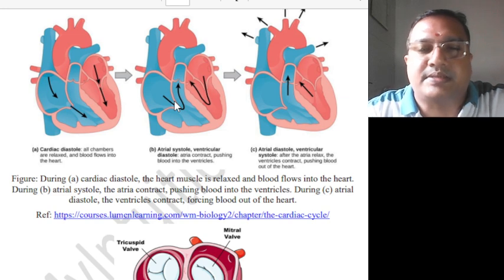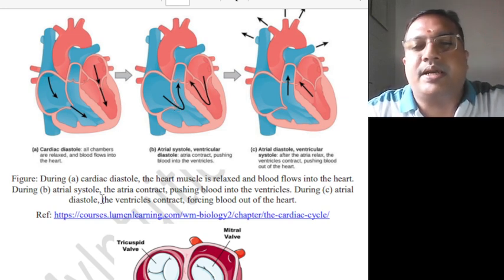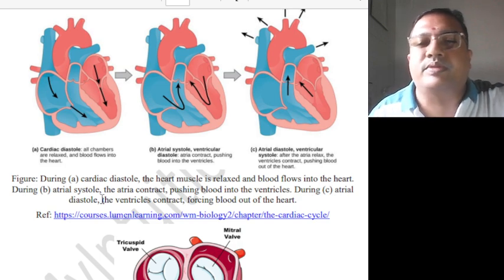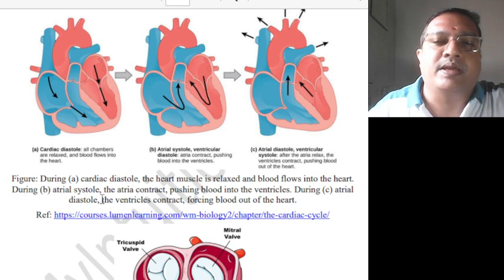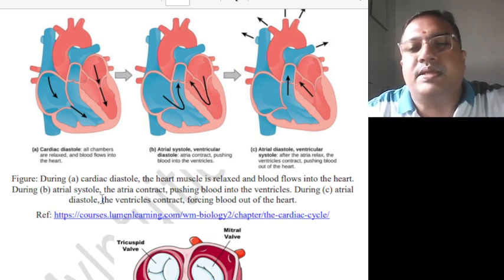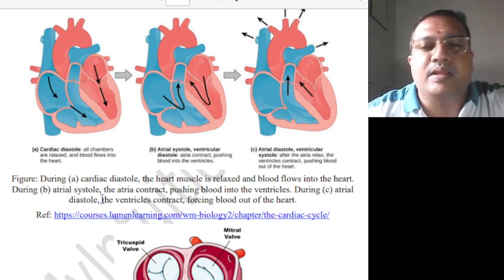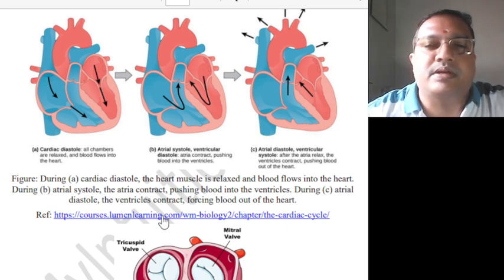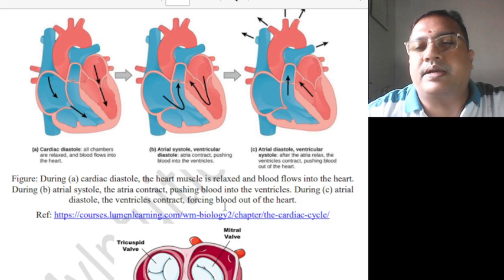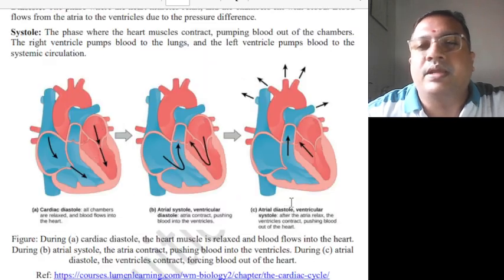This image is taken as such from it. During cardiac diastole, the heart muscle is relaxed and blood flows into the heart. During atrial systole, the atria contract and push the blood into the ventricles. During the third one, ventricular systole, the ventricles contract and force the blood out of the heart.